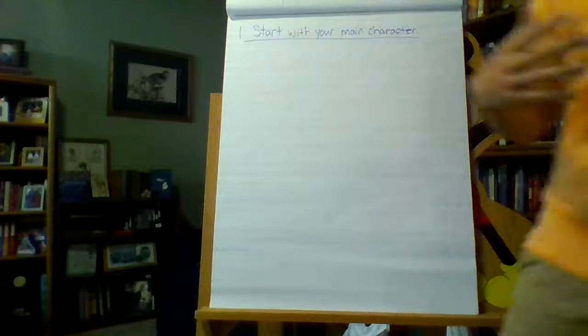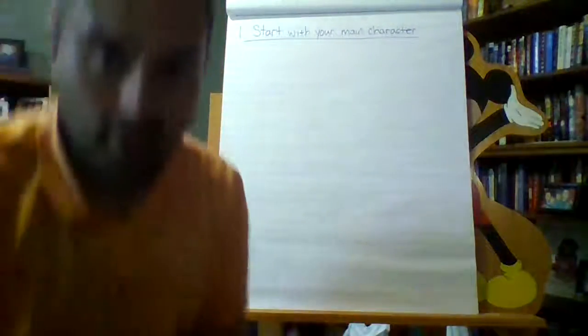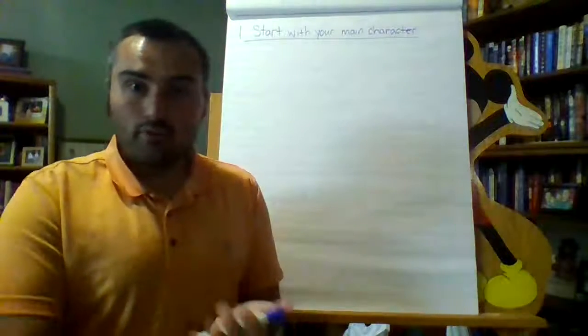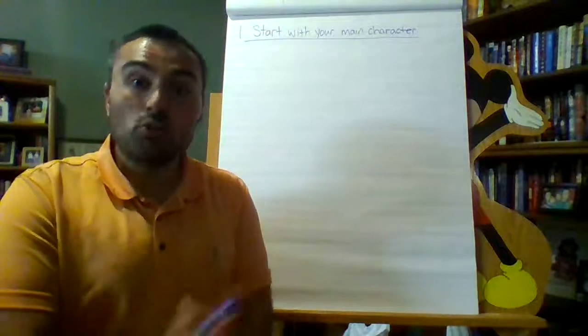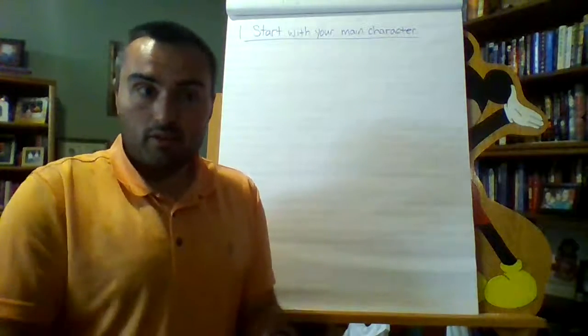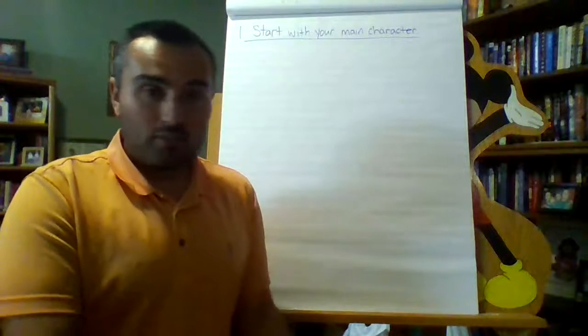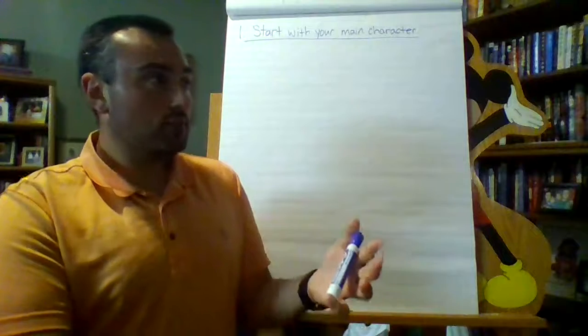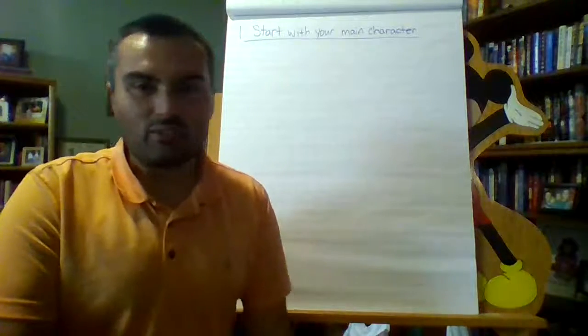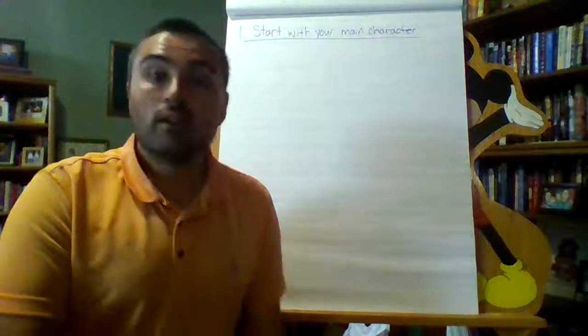So basically what they're saying is you could potentially, if you want, make yourself the main character. Maybe you want to be the sleuth, the Sherlock Holmes of your story. That's up to you.